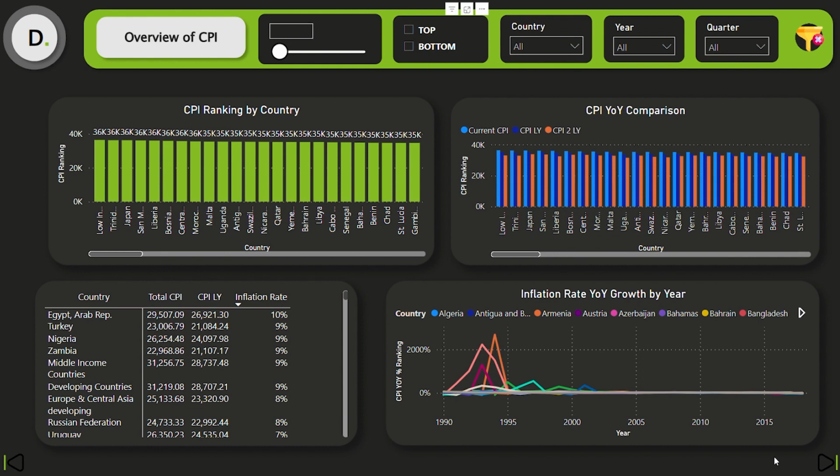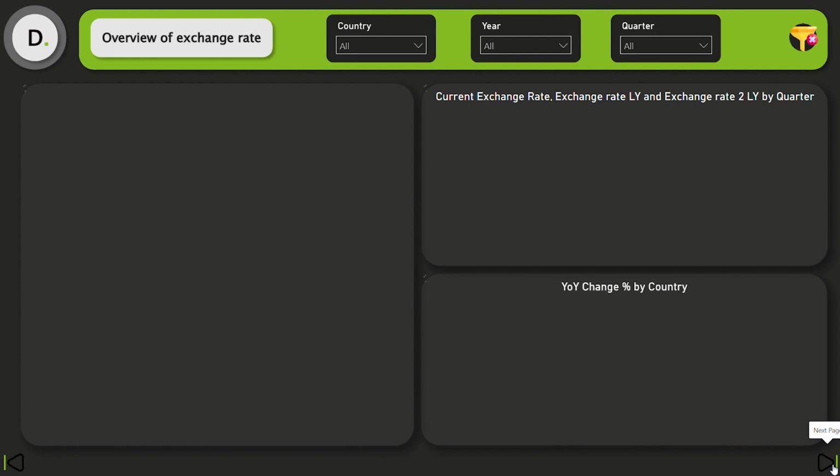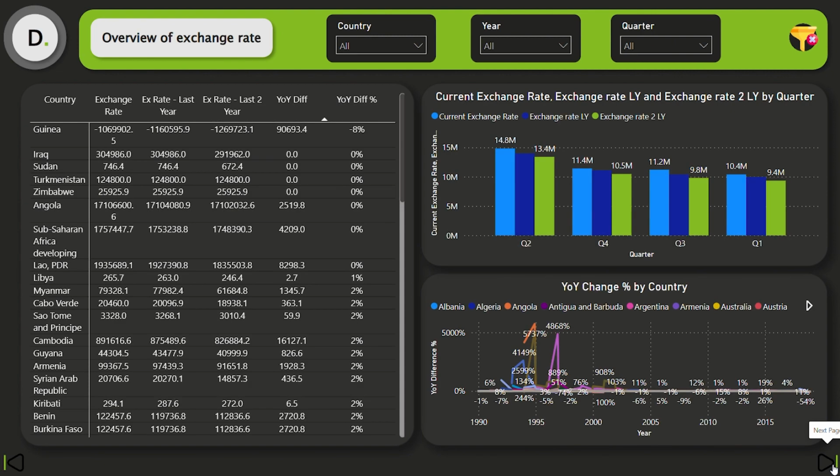let's move on to our next page, which is the next report, and it tells us about the exchange rate of a country. So basically, exchange rate and inflation are correlated, and an increase in the inflation rate also increases the exchange rate of a country, which basically means that the currency of a country depreciates, right?